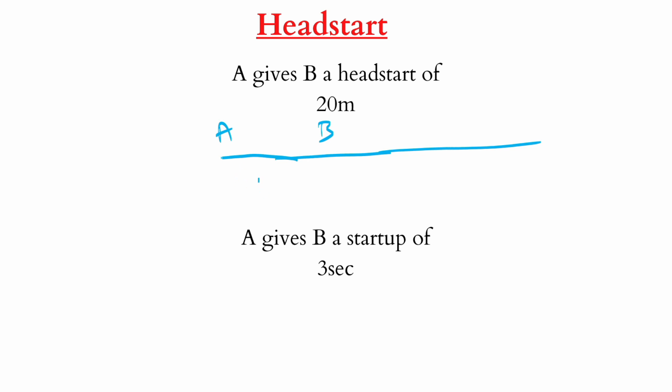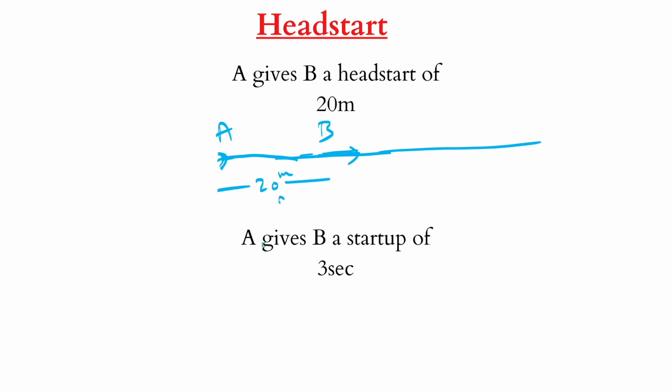In this case, 20 meters. So the difference of distance between A and B is 20 meters. That means if B starts from here, A will start from here, right? B will start its race 20 meters ahead of A, right?